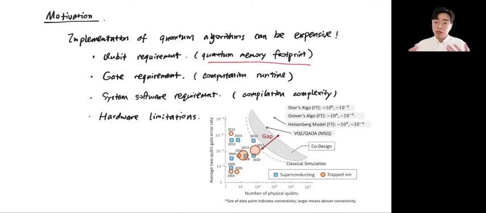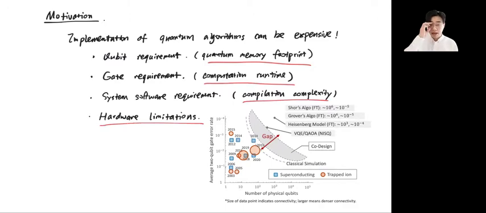An algorithm can also take many gates to complete, therefore with long computation time. We also know the system software can be really complex if we want to run large quantum algorithms. And finally, and more importantly for this module of the course, we're going to talk about how the hardware limitations will impact or inspire the design of quantum algorithms.